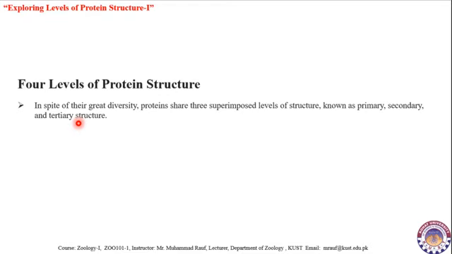So in this lecture we will analyze which types of chemical interactions are present in the structure of proteins that give characteristic shape and characteristic properties to the proteins, and enable them to perform their function in the best of ways.